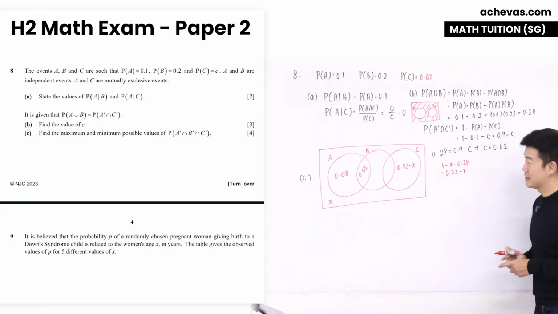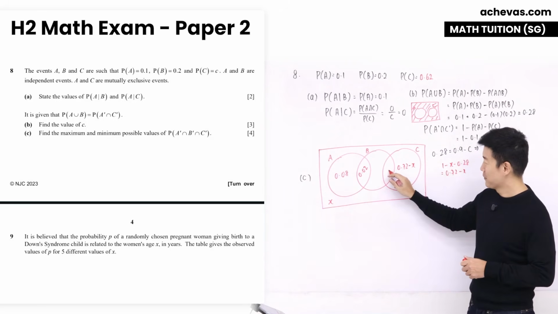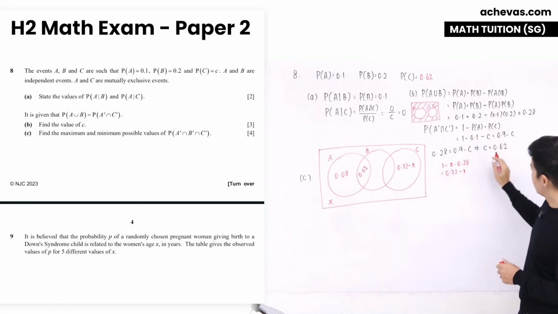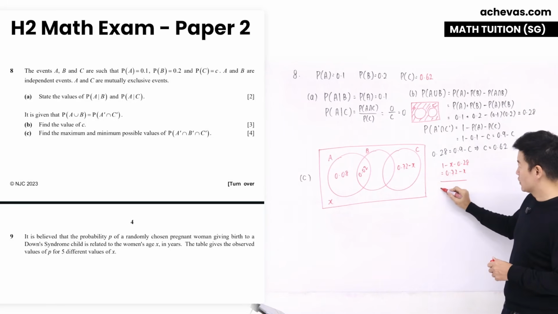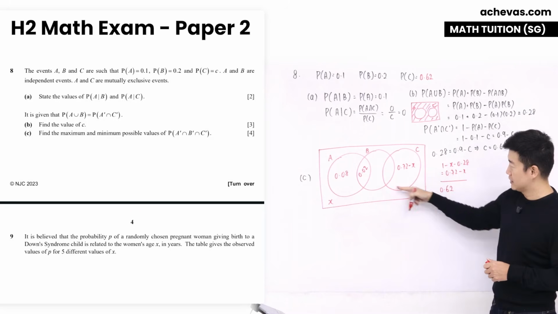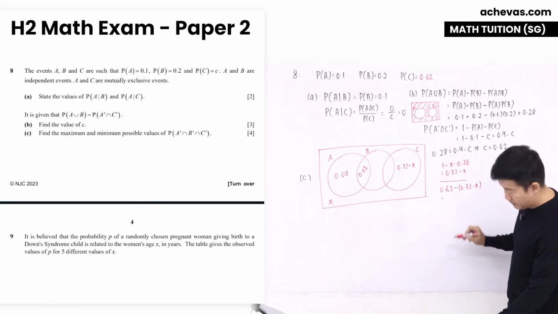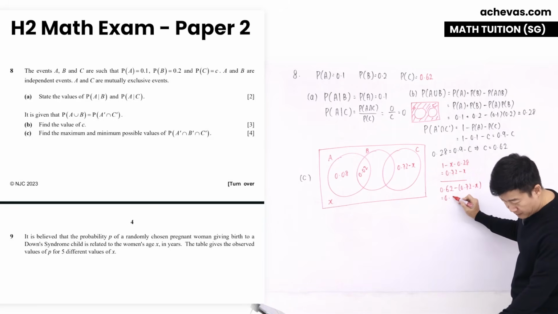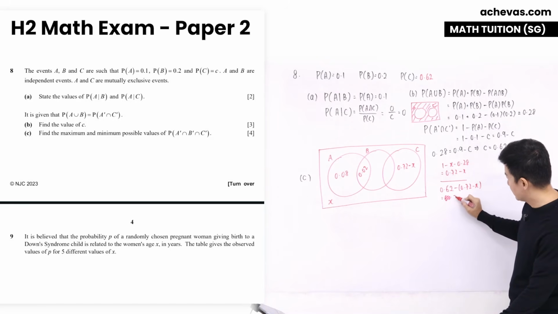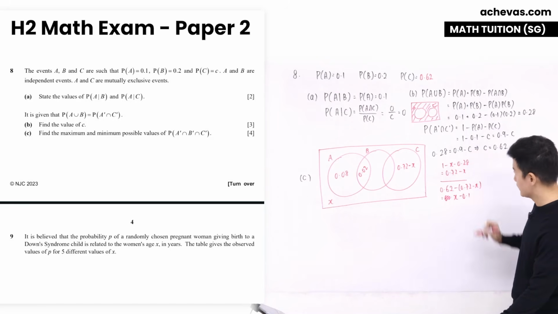What else can we find? I guess this. Since we now have C as 0.6, this entire thing is 0.62, minus this, minus 0.72 minus X. This is going to give me X minus 0.1.